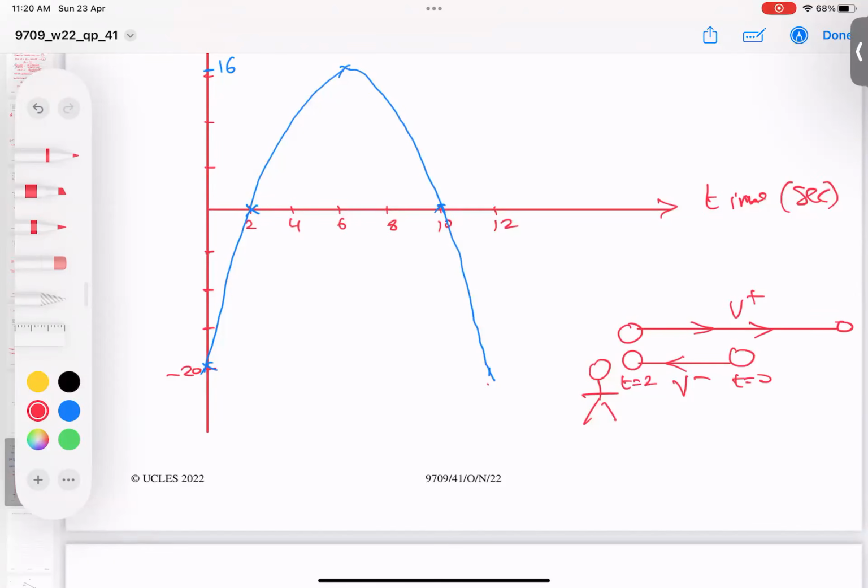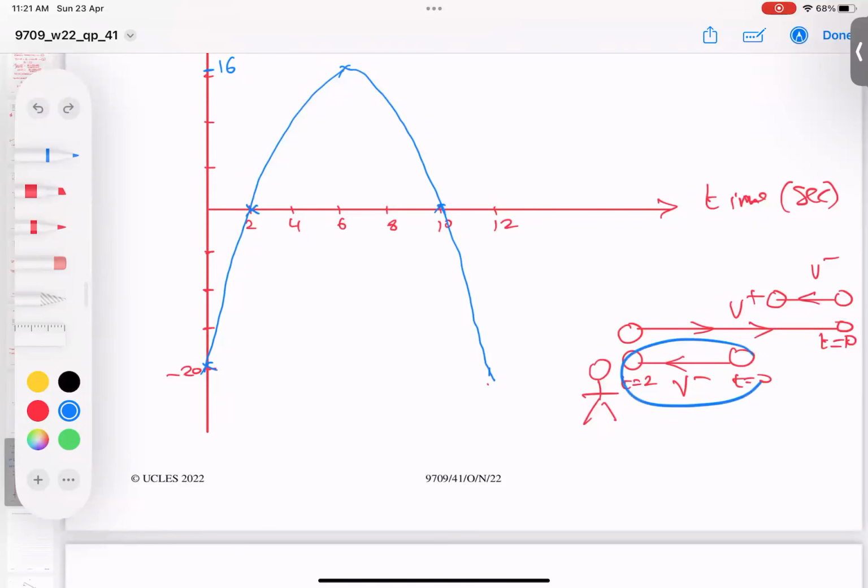And it stops there when time is 10. Then again it turns back. How do I know? Because again velocity is negative. You see this is a negative velocity. Here velocity is positive. So you understand, first the particle is coming towards the observer, then away from the observer, then again back to the observer.